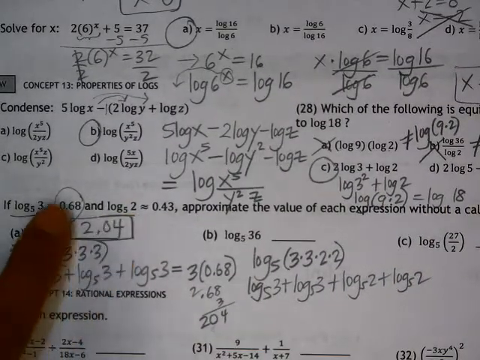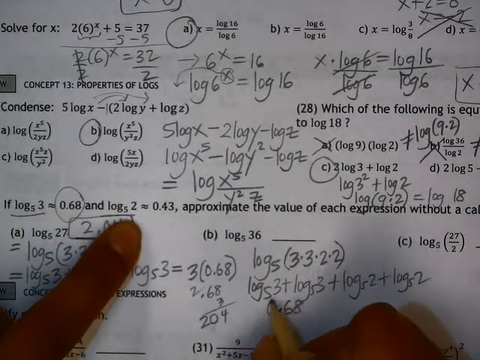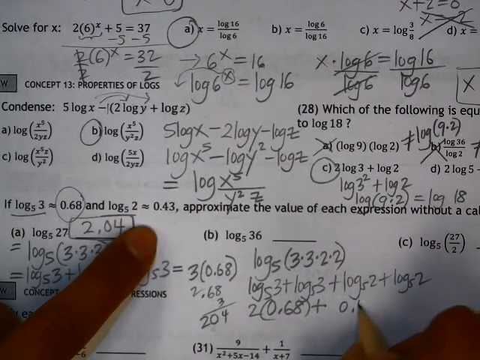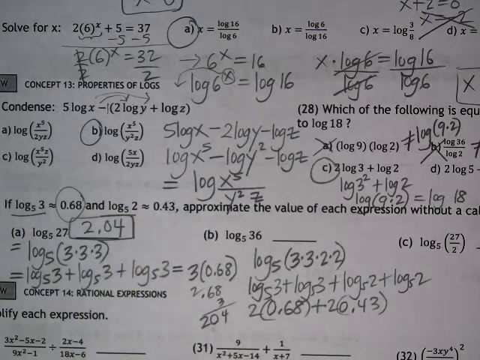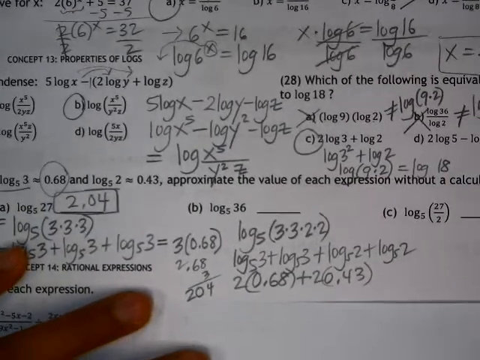So substituting the values for log 3 and log 2, that gives us 0.68 twice, so times 2, plus 0.43 times 2.